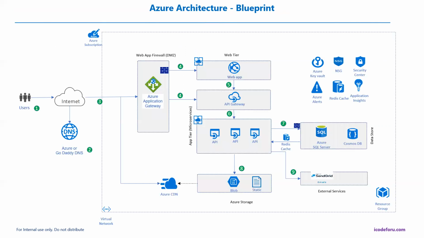Now in this episode, I'm going to discuss how to create the Azure high-level requirement document and also a list of services used in the reference architecture series. So this is my Azure architecture blueprint. I can call it the application Azure high-level architecture.